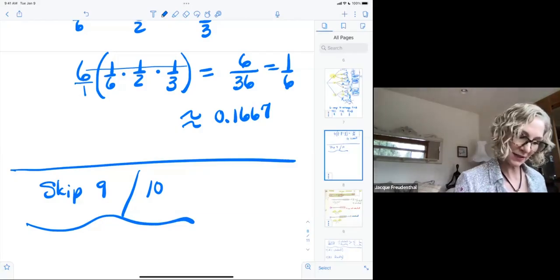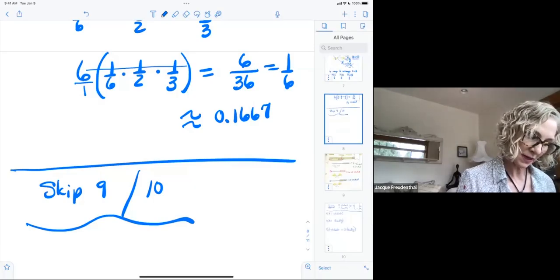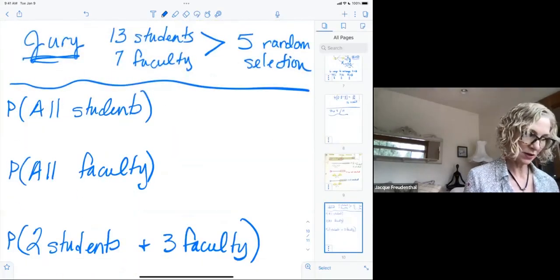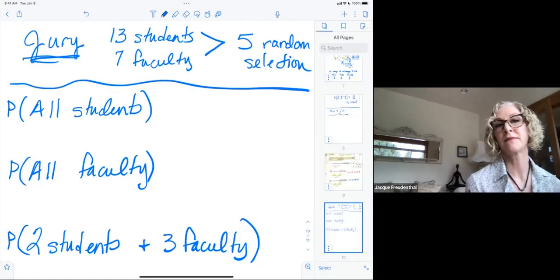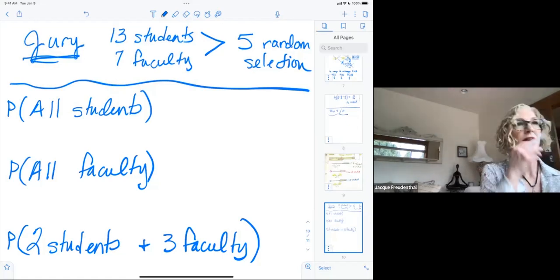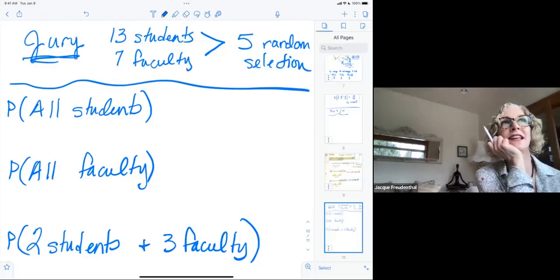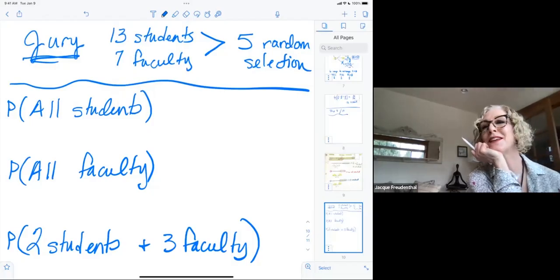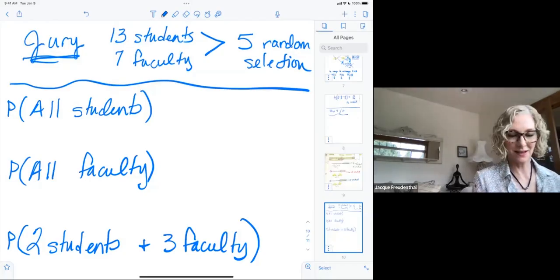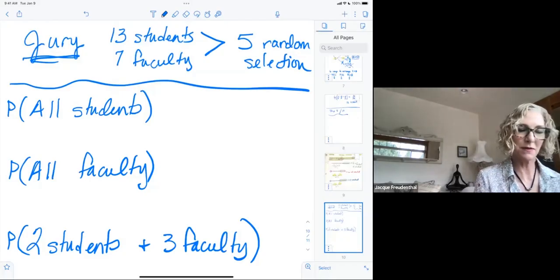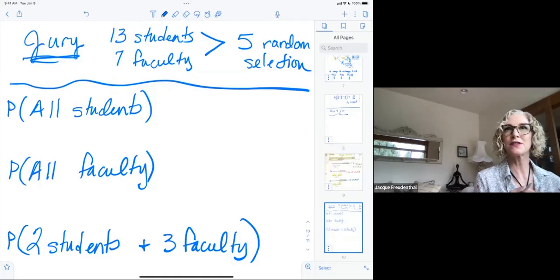What I want to do now is go into a problem that is on your homework, something similar to this. This is in 5.5, and I think it was at a university, with a committee that decides the citations that you get.